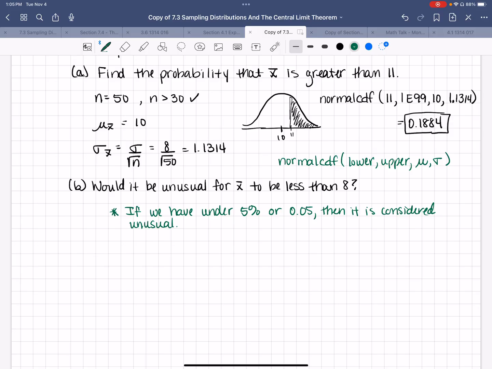So if there's a probability under 5% or under 0.05, then it is considered unusual. So what we're going to do here is we do our normal CDF.